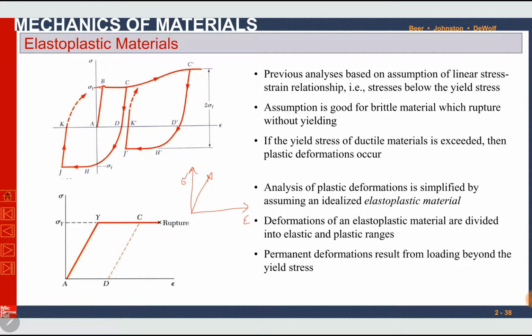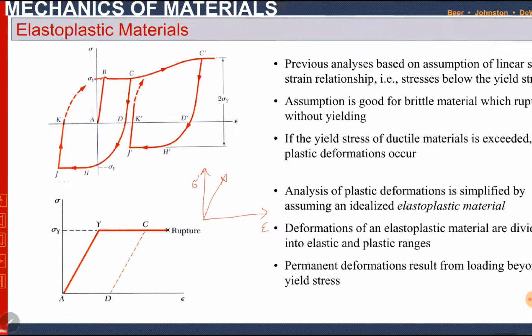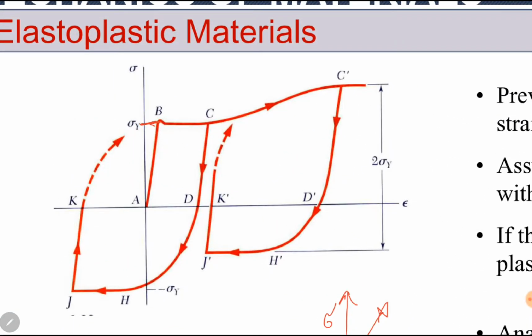So at point B, there is yielding, and after point B, the material still exists. It is not fractured, but there is permanent deformation. If we unload the material beyond the yield stress, like at point C, it will recover here, but at point D the value of strain is not zero.